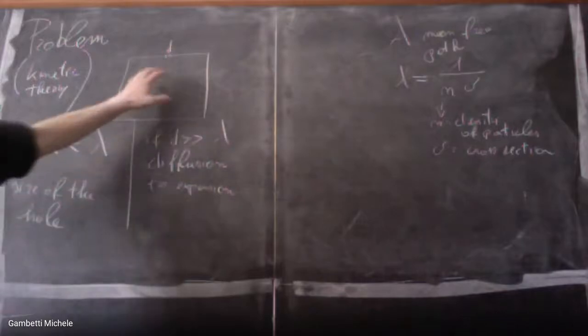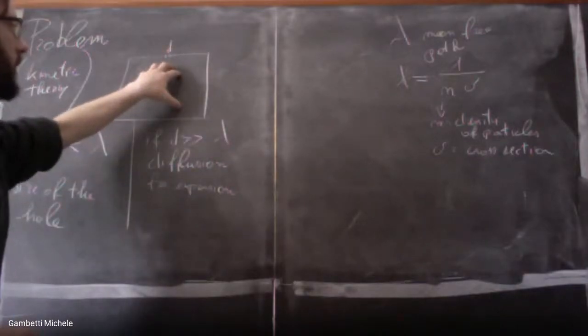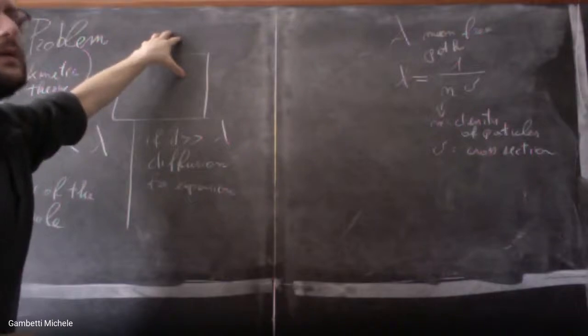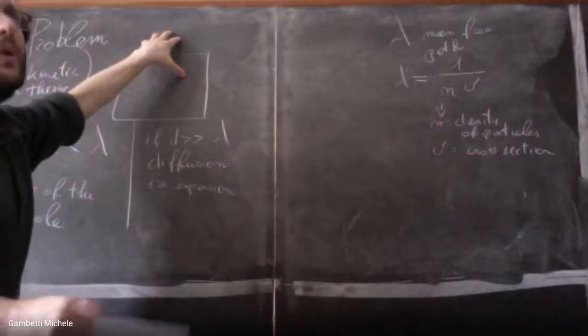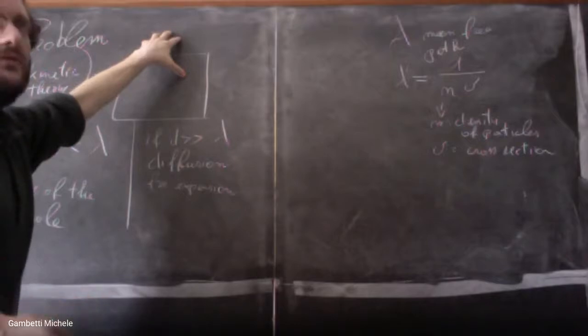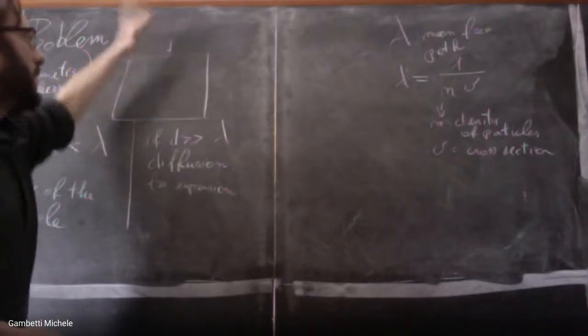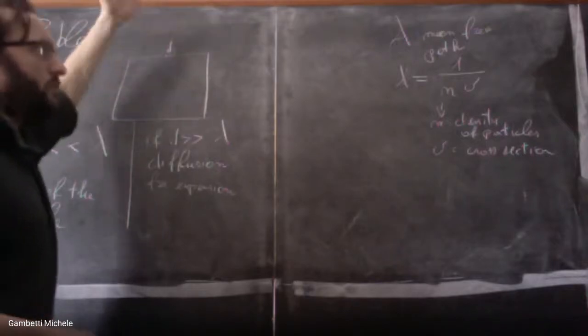Suppose that you have a gas here and you open a big hole here. Well, this is basically the problem of free expansion. Or at the microscopic level, it's just diffusion, in the sense that at some point particles will cover the whole volume available.